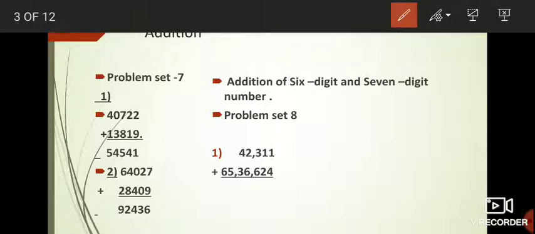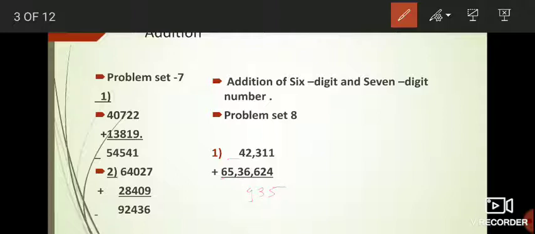4 plus 1, units to units place, tens to tens place, 100 to 100, 1000 to 1000 and 10,000 to 10,000 place. Addition we have to do compulsory. Okay, don't write this 1000 place at the lakh place, it is wrong. We have to write unit to unit, tens to tens, 100 to 100, 1000 to 1000, 10,000 to 10,000 and so on. 4 plus 1 is 5. 2 plus 1, 3. 6 plus 3 is, yes, 9.